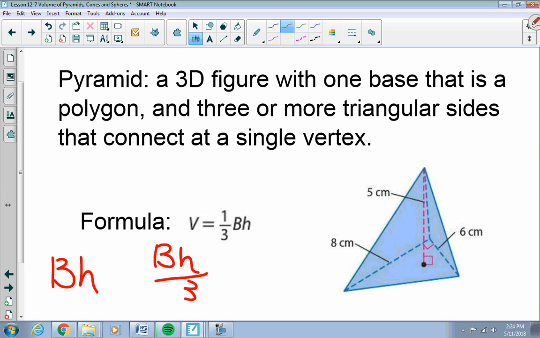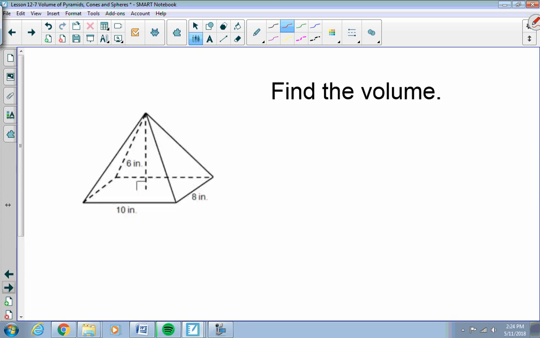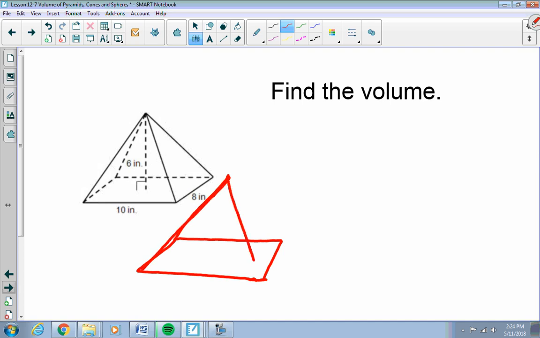So let's practice. And I'm actually going to start with this one. We're going to come back to this one. We're going to start with this one. If you don't know how to draw it, what you're going to do is make the bottom first, something like this. And then I usually make a dot, and I connect the sides.